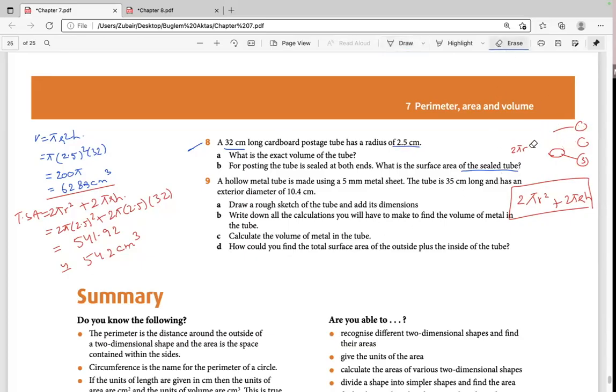The ninth says a hollow metal tube is made using a 5 mm metal sheet. The tube is 35 centimeters long and has an external diameter of 10.4. Draw a rough sketch of the tube and add its dimensions.